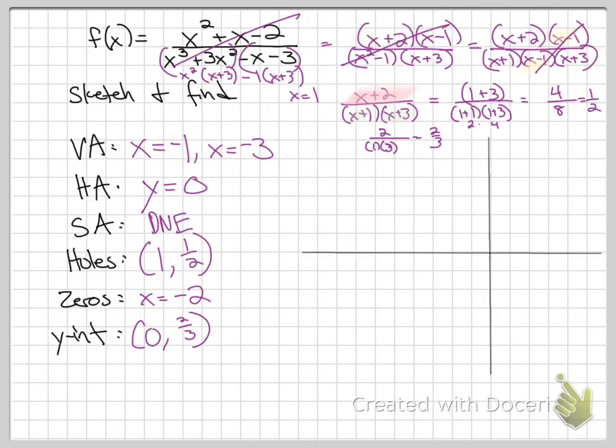Okay, set up some axes. Vertical asymptote, x equals -1, x equals -3, y equals 0. Okay, then I have a hole at 1, 1/2. Exaggerate the hole. I have a zero at -2.